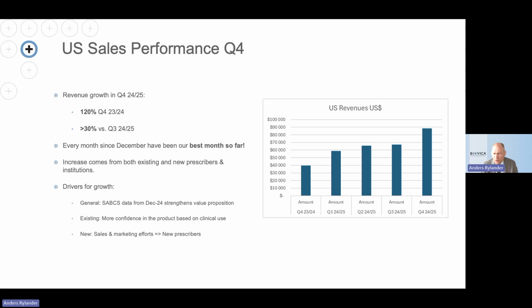We also see that many existing customers have now been following patients for many months and have a lot of success cases, and are now expanding to a majority of their patients, as well as recommending it to their colleagues.